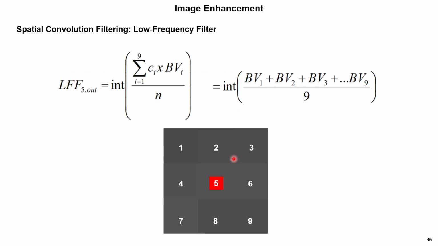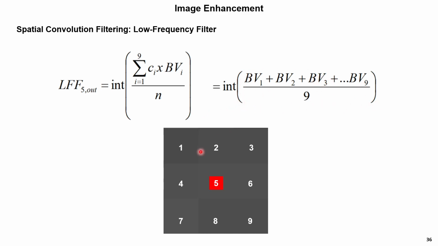And if I make a low frequency filter, we are going to find out what is the brightness value of this particular pixel after applying your filter. We apply a low frequency filter for smoothing purposes. So here it is a low frequency average filter.